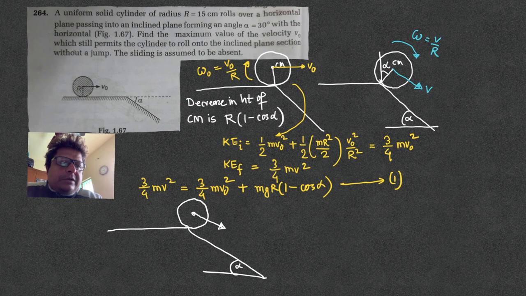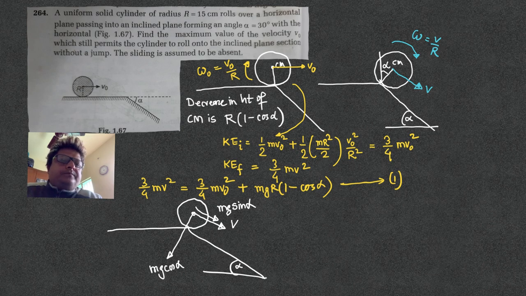Now the center of mass is having velocity v, and let us look at the forces. So mg has a component, this is mg cosine alpha, and mg has one more component here, mg sine alpha.